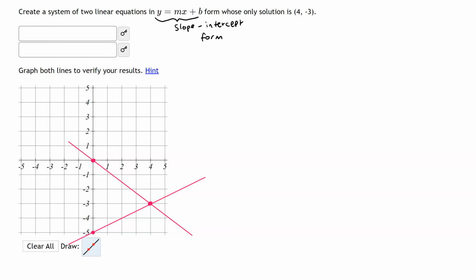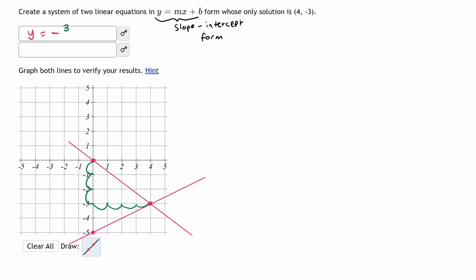Now, I want to give the equations of these two lines, so let's do the one that has the negative slope first. So I'm going to do y equals, and I know that my slope is negative because it's moving in a downwards direction, and I need to know exactly what my slope is. So I'm going to go down 1, 2, 3, and then over, or right, 1, 2, 3, 4.